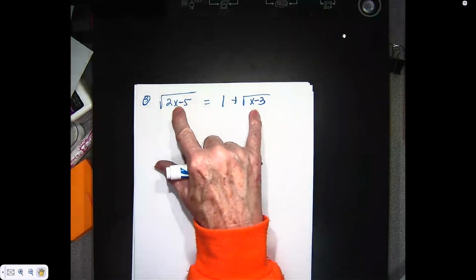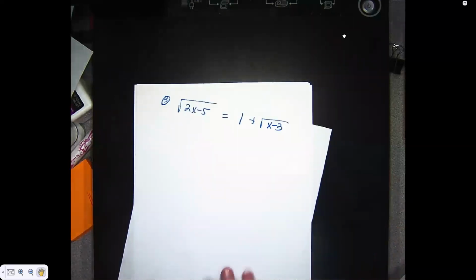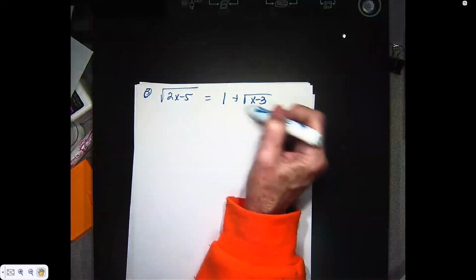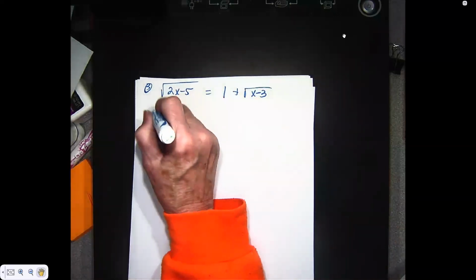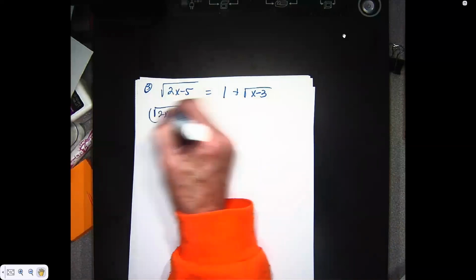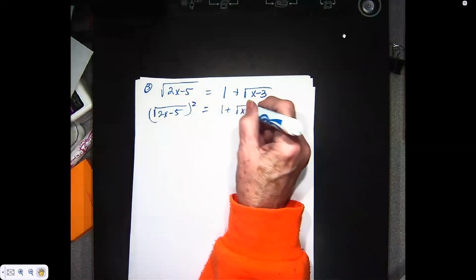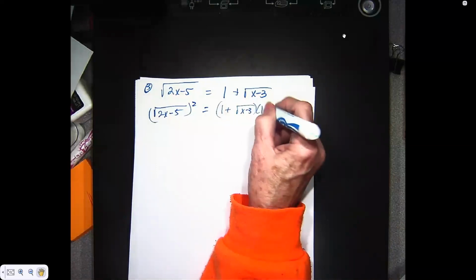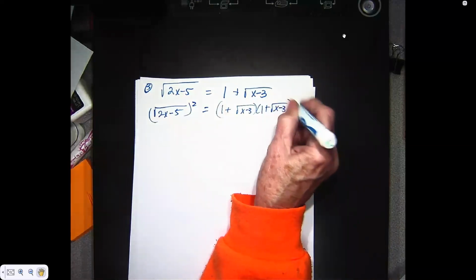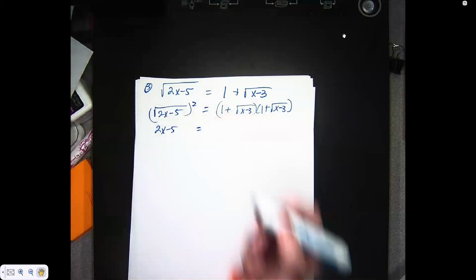It's not possible to isolate them both. So you're going to have to square this, but you need to think about the process of squaring this one. So the square root of 2x minus 5 squared equals 1 plus the square root of x minus 3 times 1 plus the square root of x minus 3. So this one is easy.